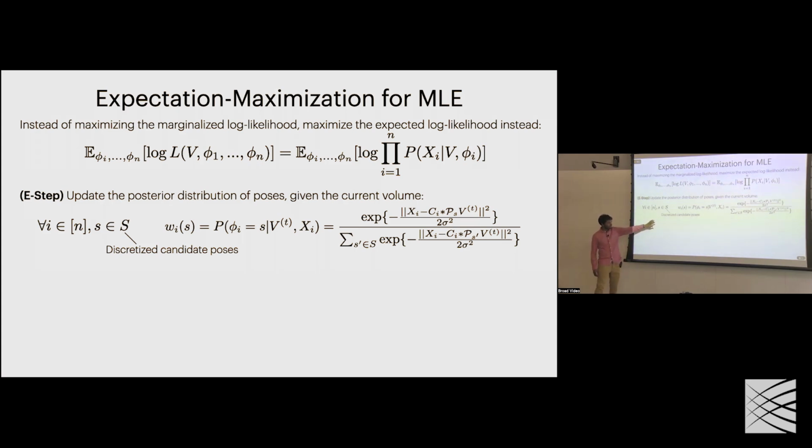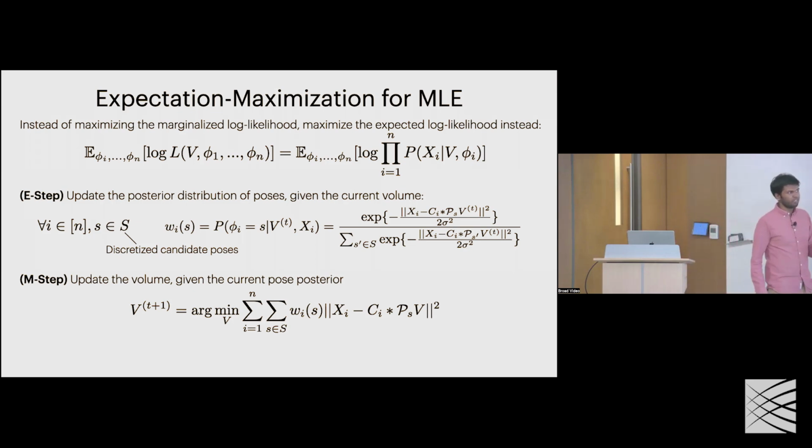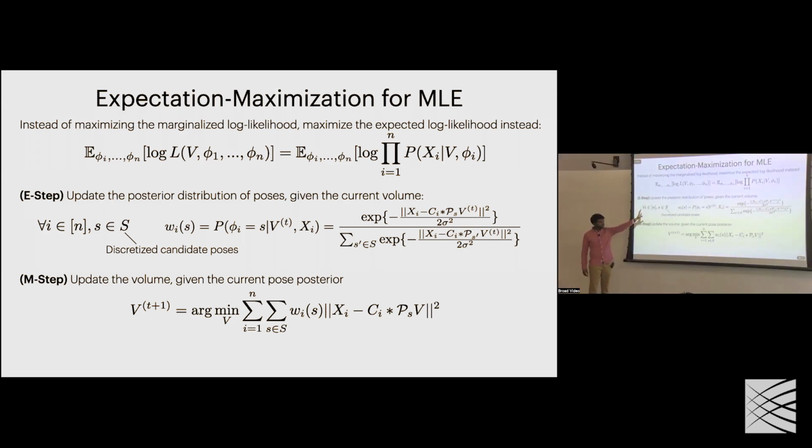So in the E step, for each one of those images, we evaluate how likely that image is to arise from each of those candidate poses. And so we essentially get a posterior distribution of how likely each pose is for that image. And then the M step is, given those estimates of the poses, choosing a volume that maximizes that expectation.